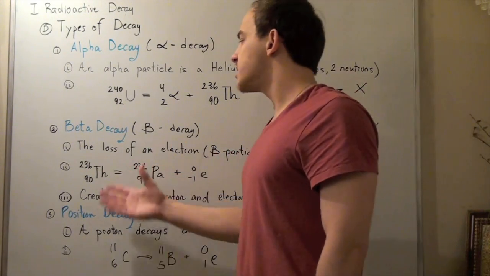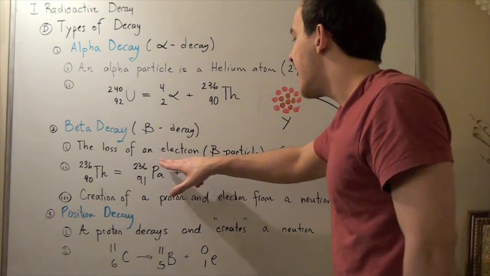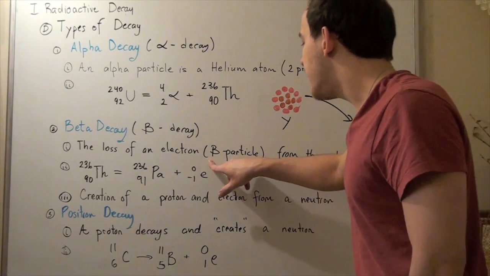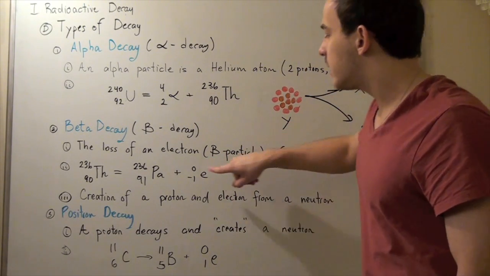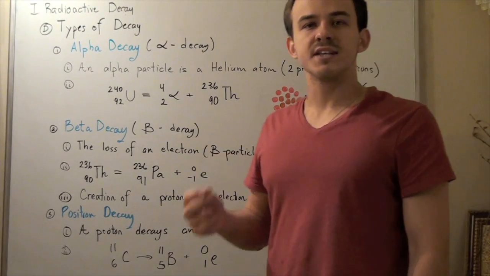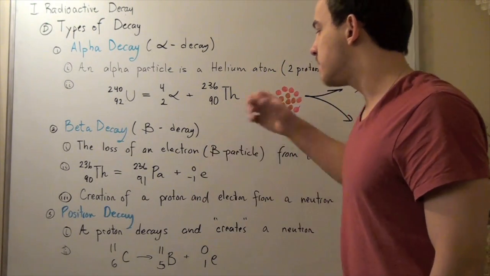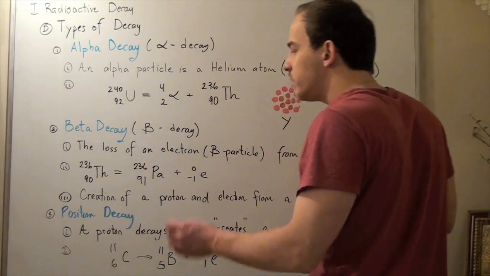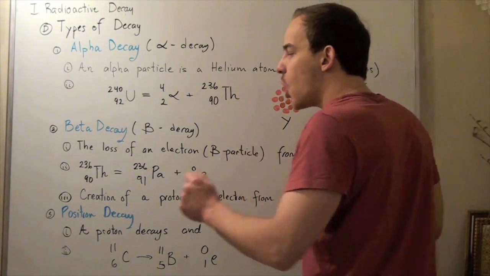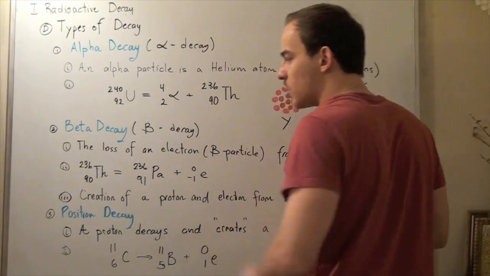So let's suppose it undergoes a beta decay and it releases an electron, so a beta particle given by this symbol, where e simply means electron and -1 simply means it has a charge of -1. Now the 0 simply means it has no nucleons. So what happens? Well, note the following. We go from 90 protons to 91 protons.